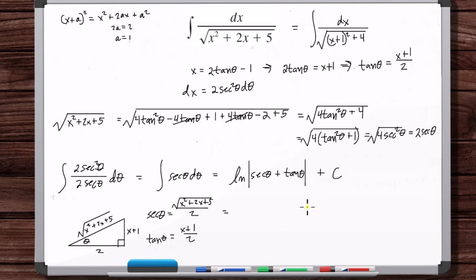Okay, so this is equal to the natural log of the absolute value of, and we have the same denominator in both, so x squared plus 2x plus 5 plus x plus 1.